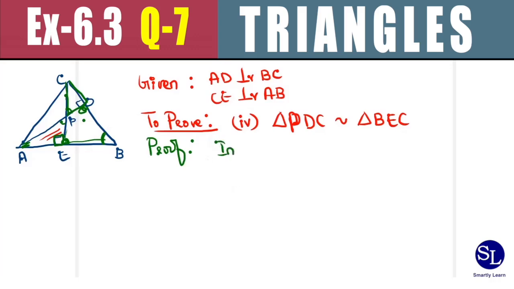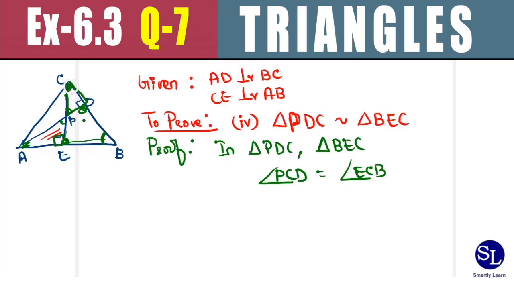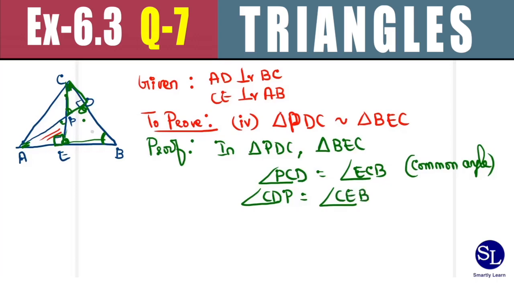So in triangle PDC and triangle BEC, what do we know? Angle PCD is equal to angle ECB. What are we referring to? This particular angle. Why? It is common to both triangles. So it is the common angle. Then angle CDP is actually equal to angle CEB.